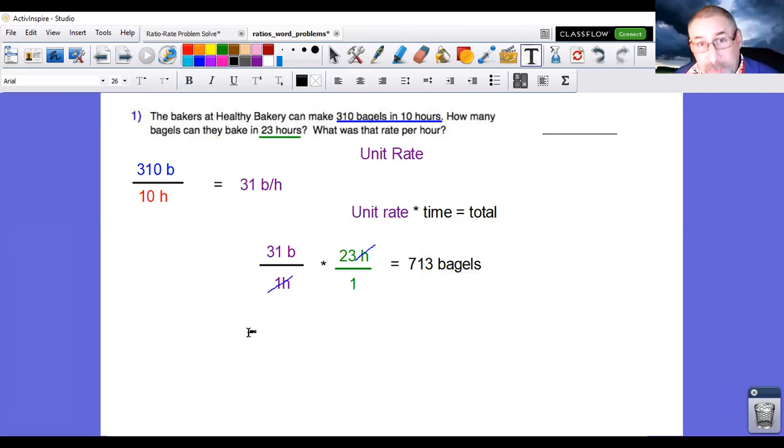So this is a very typical problem that you might see on the EOG. It's very possible that this is the kind of problem you might see as a constructive response. It may or may not be calculator active. It's kind of borderline for that. Again, we take our rate, 310 bagels in 10 hours.